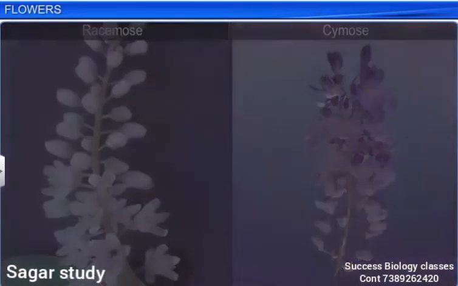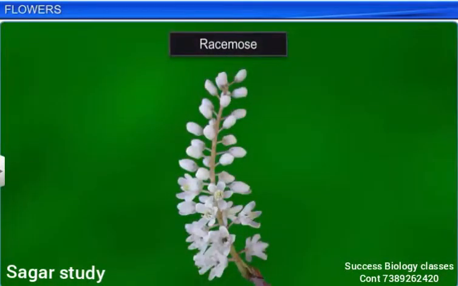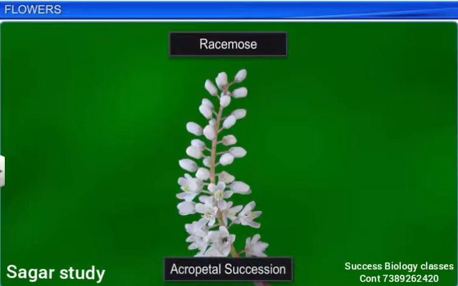In racemose inflorescence, the flowers appear laterally in acropetal succession, that is, from the base to the top of the main axis. Therefore, the main axis or stalk continues to grow at the tip.